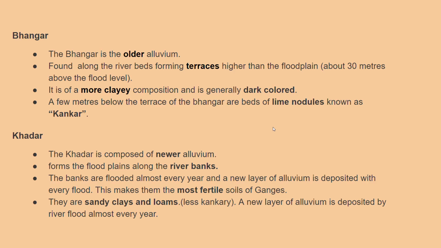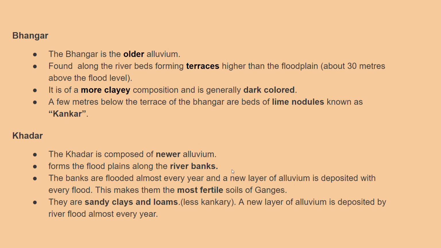Alright, let's see the differences between bangar soil and khadar soil. Both are alluvial soil. Bangar is older, khadar is newer alluvial. Bangar is found away in the form of terraces on higher areas, but khadar is found along the river bank. Bangar is dark colored because it's been a long time since it was formed, and khadar is light colored.